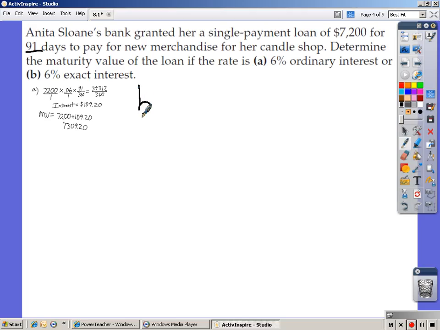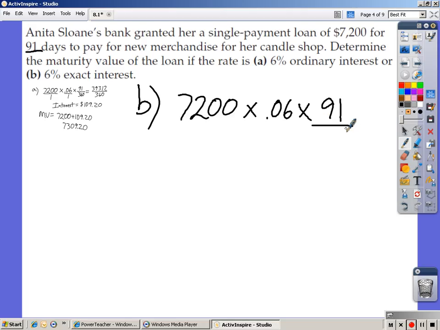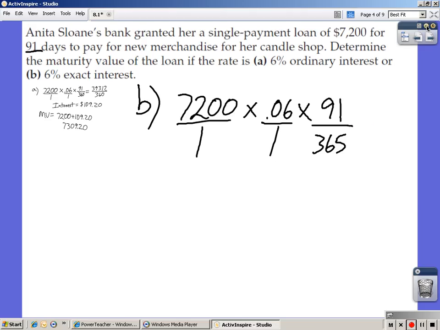Part B. We have 7,200, again, times 0.06 times 91 days divided by, this time, 365. Okay? Again, it's top times the top, bottom times the bottom. I'm going to go ahead and put my understood ones under there so you know I'm still multiplying by those. Equals 39,312. That number did not change any. Divided by 365.